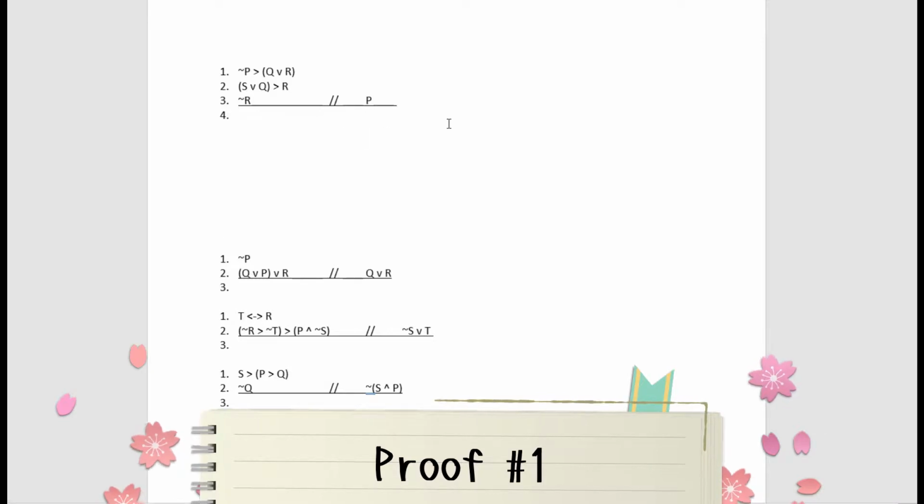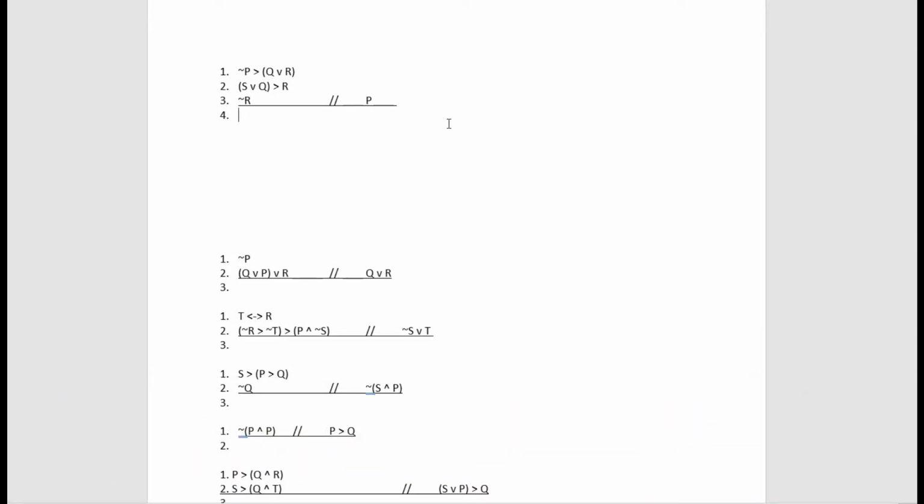We have a simple conclusion, just the letter P right here, which means most of this proof is probably going to be breaking down all of these to get to that. I see P right here in the first premise, so I'm going to try to break that apart first.